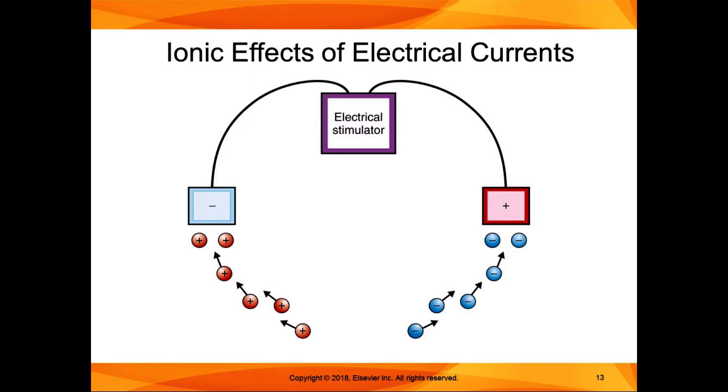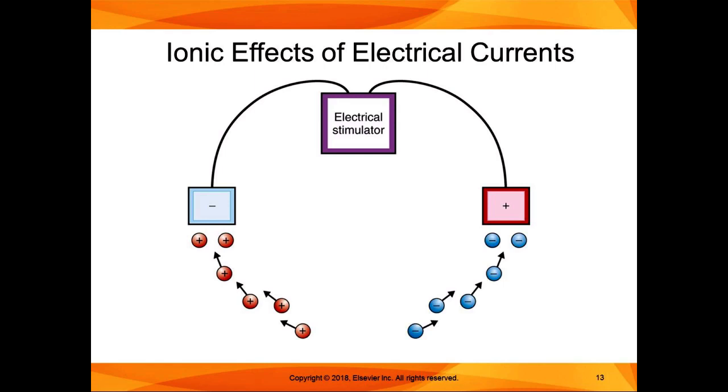Besides the direct effects of generating an action potential, there are also ionic effects of electrical stimulation. Most electrical currents used in the clinic have balanced biphasic waveforms that don't leave residual charge in the tissue. And really, it can be dangerous unless you're doing it on purpose and you're doing it safely.